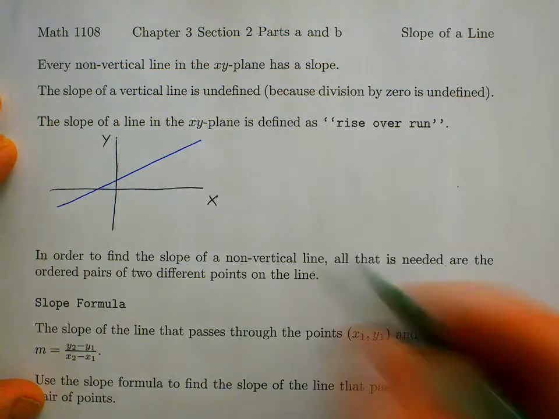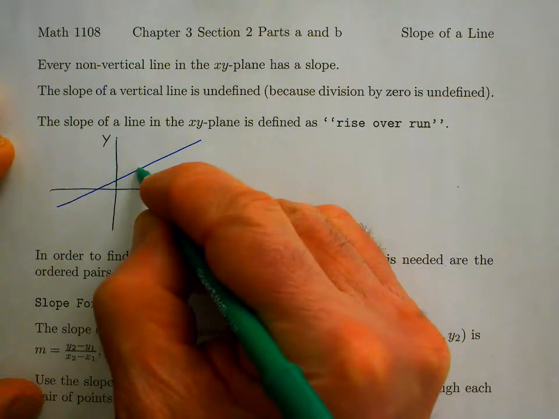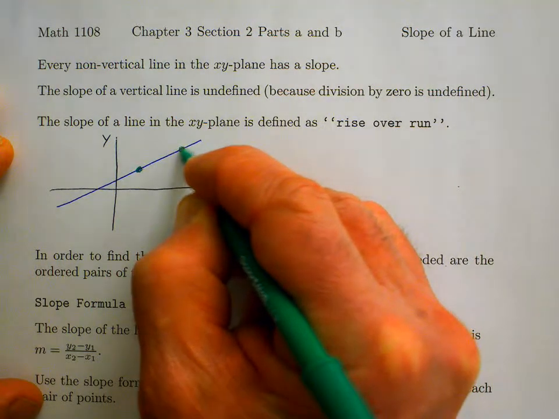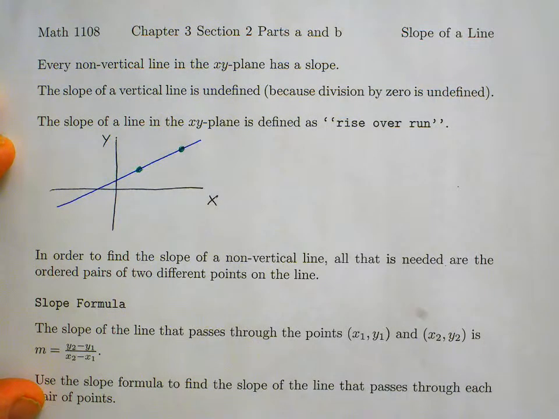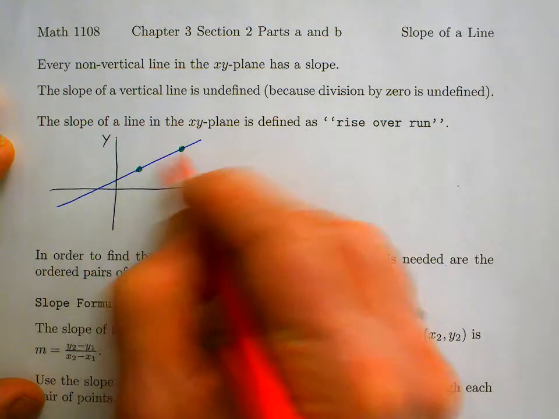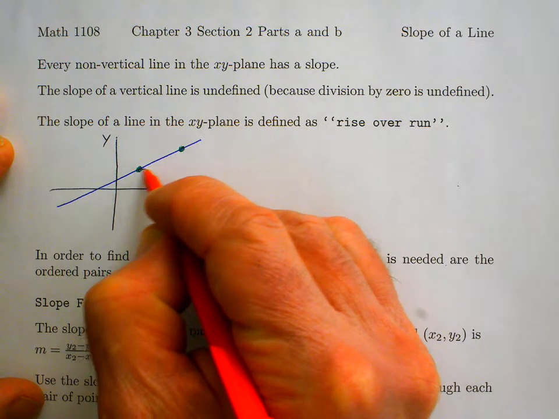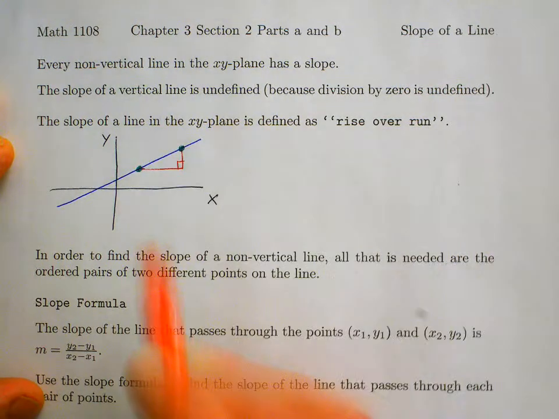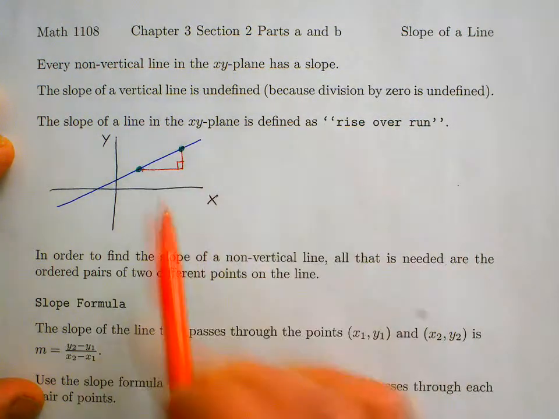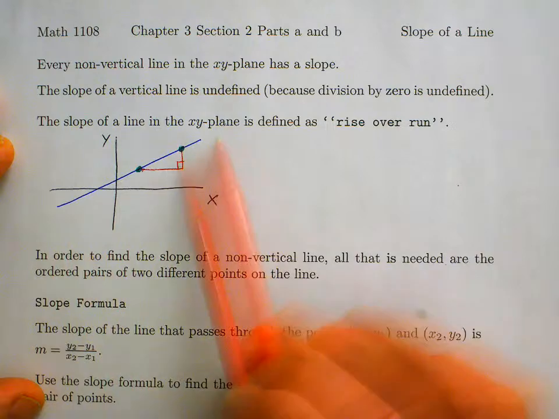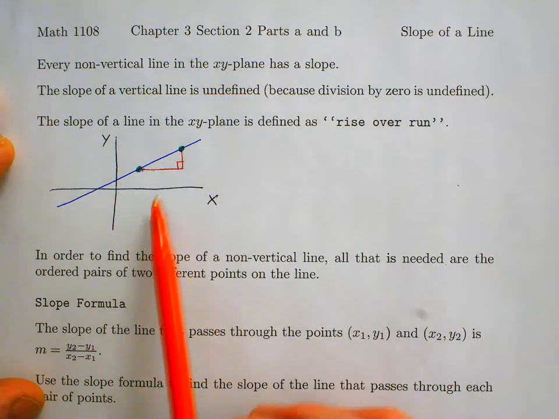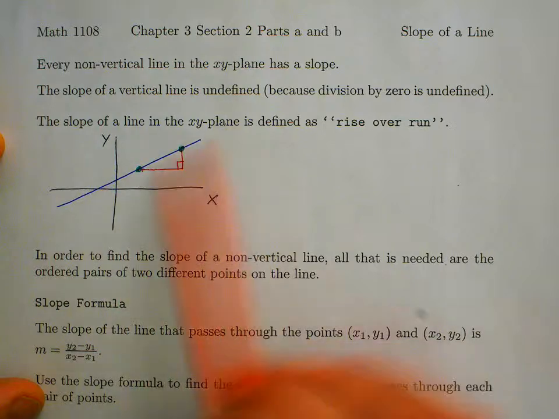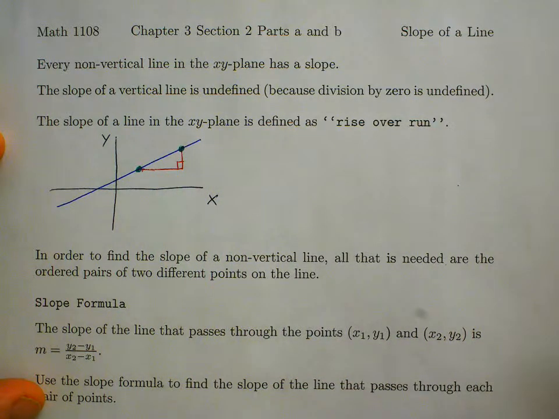So if I pick any two distinct points, two different points on the line, then the slope of that line is rise over run. So on a straight line in the XY plane, as long as it's not a vertical line, it doesn't matter which 2 points I pick, the slope will always be the same.